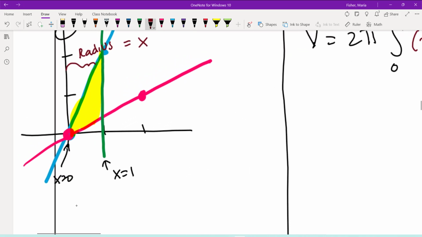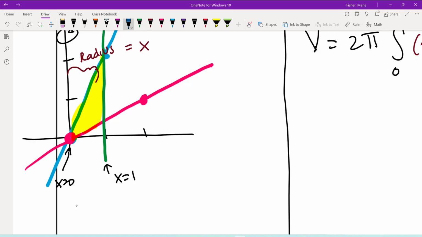Your height is going to be the distance inside of this yellow region. Well, that distance for my height is going to be the blue curve, which is 2x, minus the pink curve, which was x over 2. Well, that's really just 2x minus a half x, and that's going to be 3 over 2 x. So my height is 3/2 x.